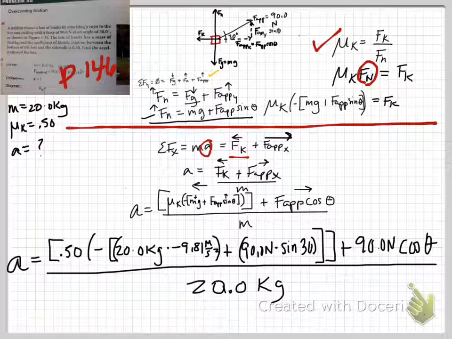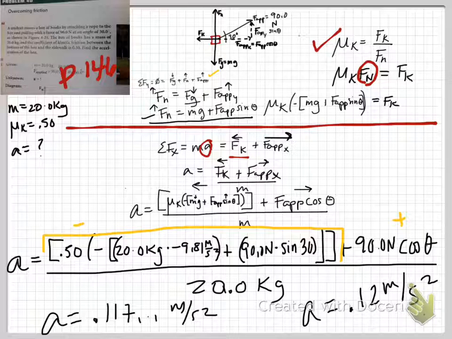What I would do is remember that this entire thing has to be, I tend to put a little negative over it, a little positive over this, to remind myself that those things are in opposition, and that whatever their magnitudes are, you're looking for the difference of their magnitudes. Okay, so the correct acceleration for this is 0.12 meters per second squared.